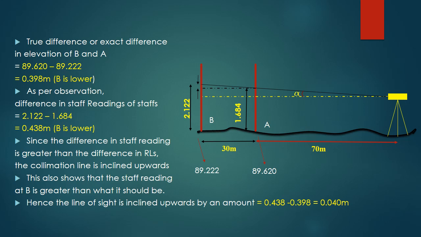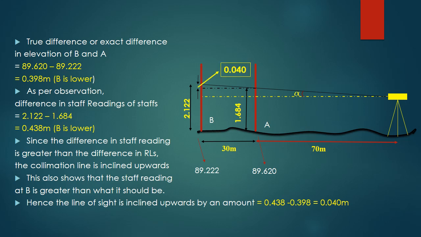So 0.438 minus 0.398, you get a value of 0.040, which is the amount of error occurring for a distance of 30 meters. Now let's move on to the next step, where we will find out the angular collimation error.